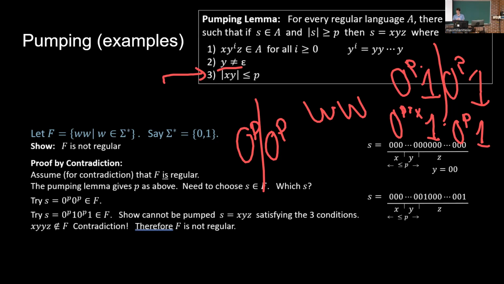But if you have these ones here as markers of where your two equal W's have to be, there's an obvious shift that throws the whole thing off balance. One W is all zeros and one of them is 1, 0 to the p 1. Actually, there could be zeros here as well. But the point is, one of the W's is all zeros, one of them won't be. So you can't just use zeros.